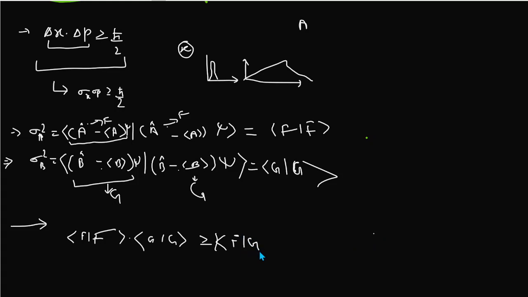Inner product between F and G mod square. So this is what is called the Schwarz inequality.